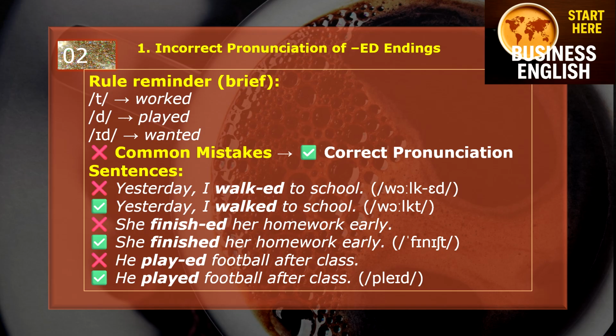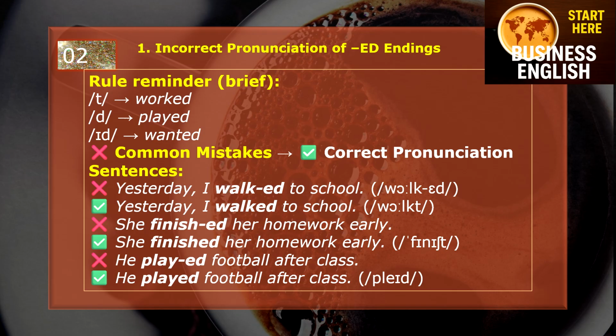So the rule reminder, brief, will be T, for example, worked, D with played, and ed will be wanted. And common mistakes, and then we have correct pronunciation.